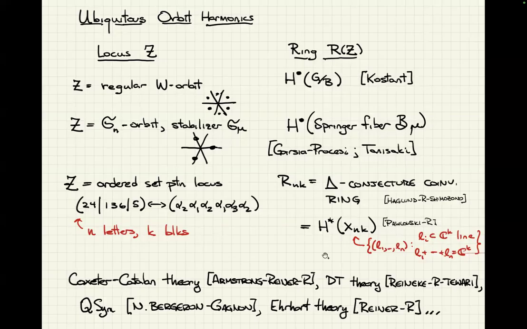There are applications to Donaldson-Thomas theory, calculating classical and quantum DT invariants for certain kinds of symmetric quivers. This was with Reineke and Rhoades. Nantel Bergeron and Gagnon have a very interesting application to a quasisymmetric analog of the coinvariant ring. And there's an application to Ehrhart theory, or a graded analog of Ehrhart theory, that I developed with Vic Reiner, and there's more that I could say here. So it's a very ubiquitous construction in combinatorial deformation theory.